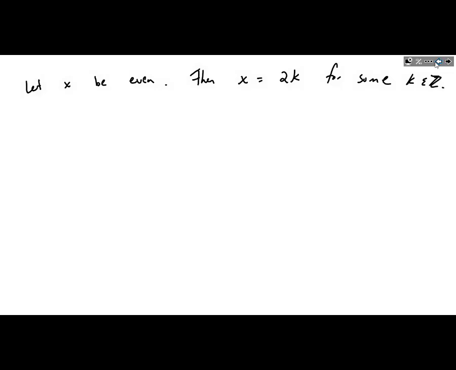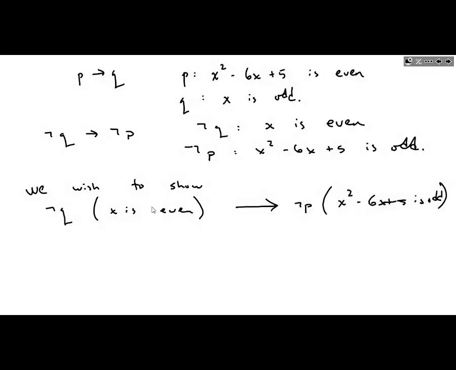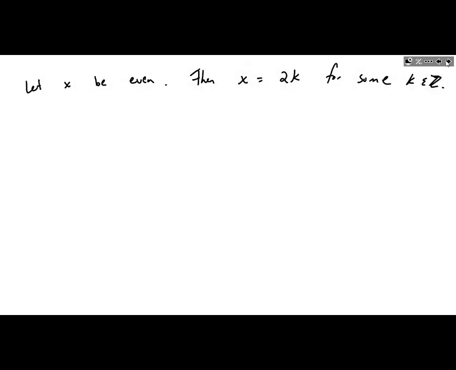Well, if x is even, we now wish to show not P. So let's consider this expression, x squared minus 6x plus 5. I can write this as 2k squared minus 6 times 2k plus 5.